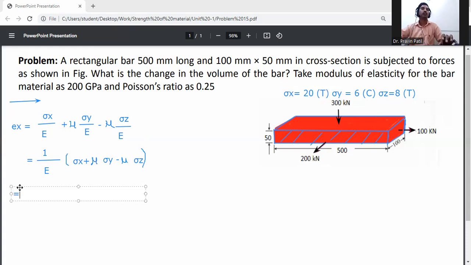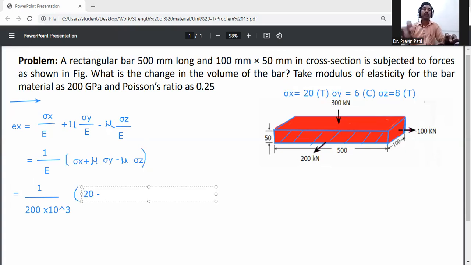So put in all these values. Modulus of elasticity we know is 200 into 10 raised to the power 3. Sigma x is 20, in tension.